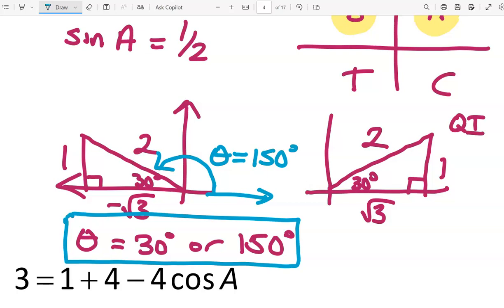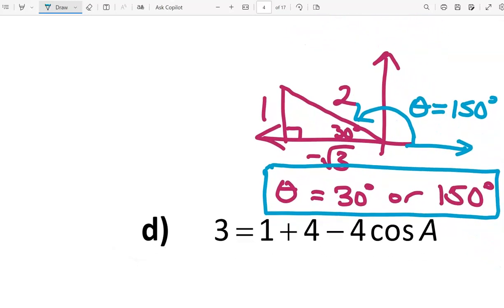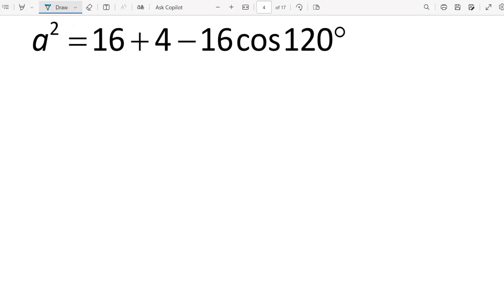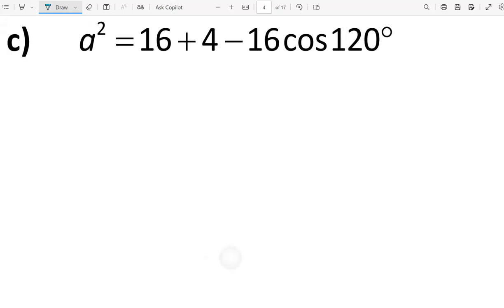So if we find the solution in quadrant 1, then we just need to find the supplement to find the second solution. Now that's only valid for sine. For cosine, different story. Speaking of cosine, here's an equation that looks a lot like the law of cosines.